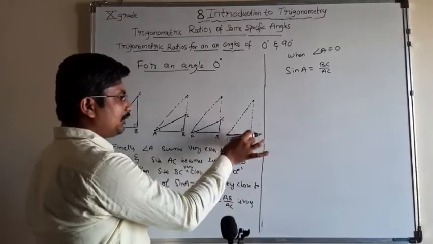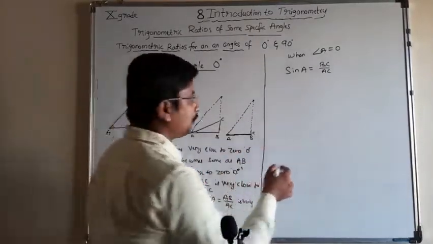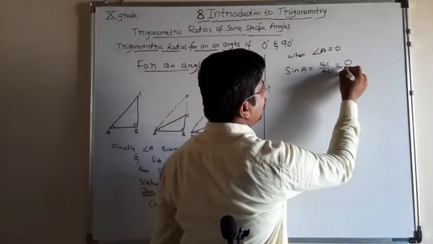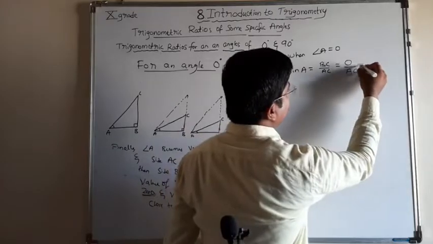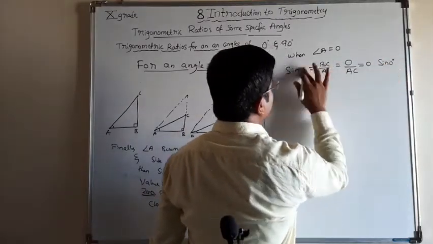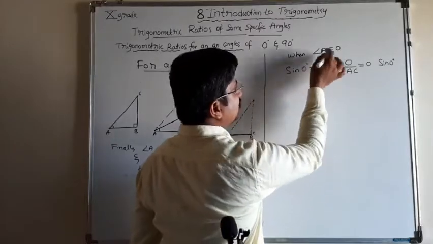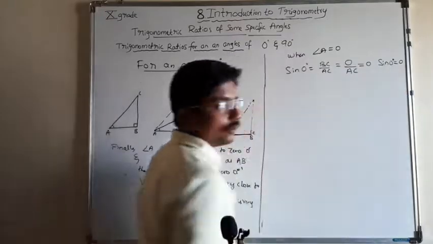BC is close to 0, so we take it as 0 divided by AC, which is again 0. Therefore sin 0 degree is equal to 0.